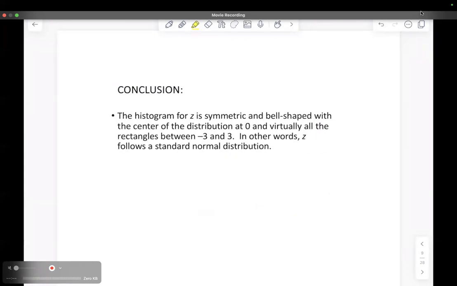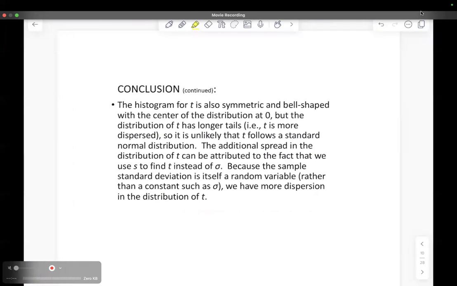Okay, our histogram for Z is symmetric and bell shaped. The center of the distribution is at 0. Almost all of our rectangles are between -3 and 3. It follows the normal distribution. For the T-score, it's still symmetric about the 0, has longer tails, it's more dispersed. It still follows the standard normal distribution, but it is just more spread out in the tails.